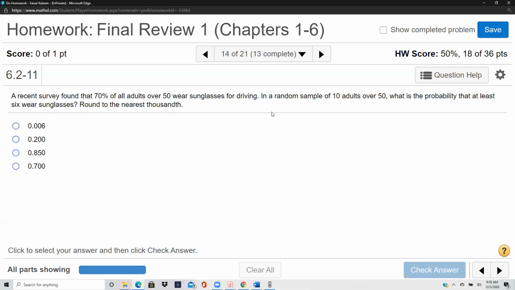Okay, so n is 10, p is 0.7, and greater than or equal to 6. Yes.